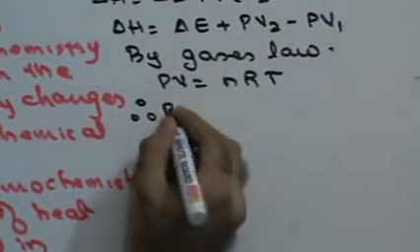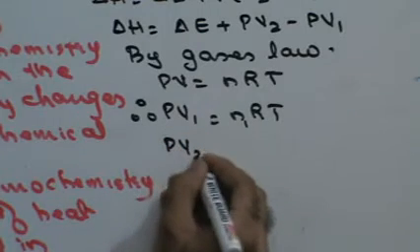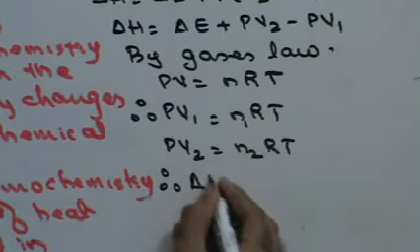Therefore, I can say that PV1 will be n1RT, because we are at constant temperature, and PV2 will be n2RT. Therefore, the change in enthalpy, which is also called heat of reaction, is delta E plus n2RT minus n1RT.